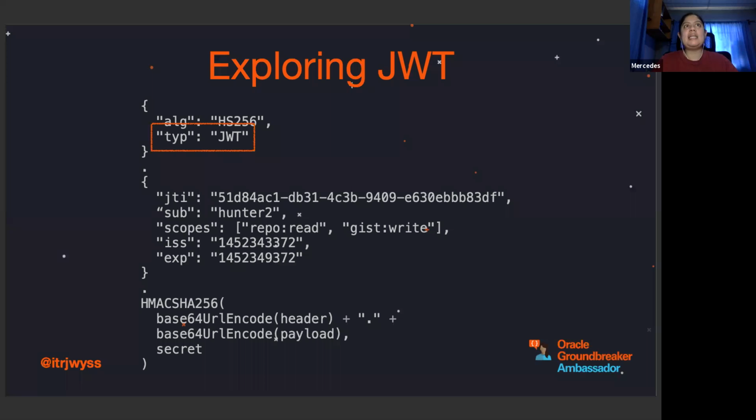And some libraries skip adding the type JWT because they only handle JWTs. When you send that token to another part of the system developed in another programming language, it just recognizes that the token is not valid, only because the header doesn't have the JWT type. So we need to take care of that when we are using JWTs.